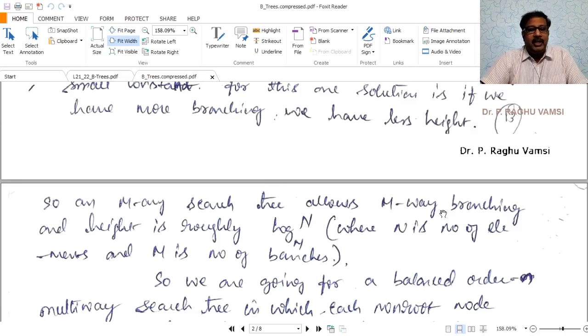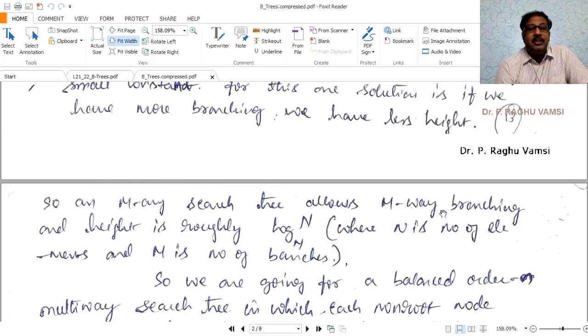So an M-ary search tree allows M-way branching. If it is a 2-way search tree, it allows 2-way branching. If it is a 3-way search tree, it allows 3-way branching. If it is an M-way search tree, it allows M-way branching. And height is roughly log n to the base m, where capital N is the number of elements.